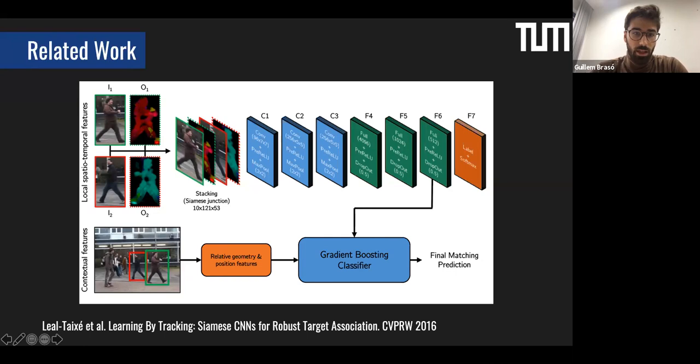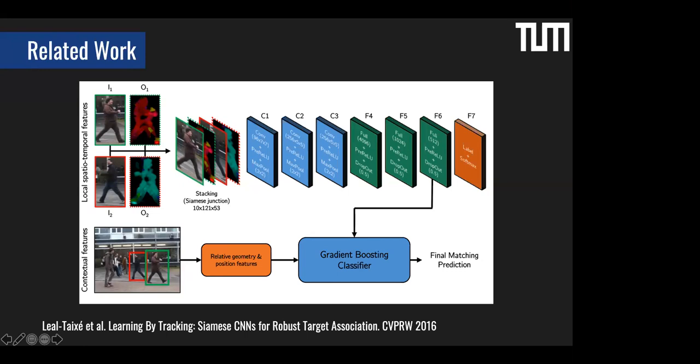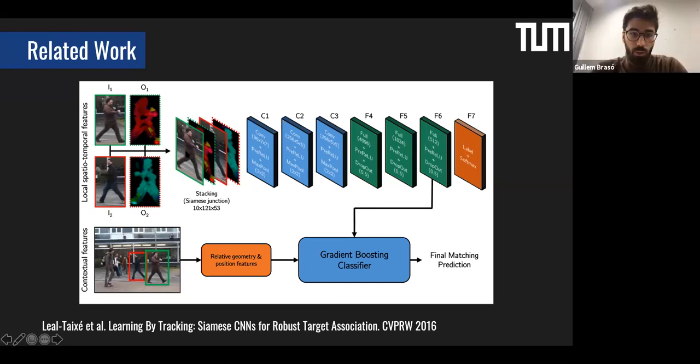The idea is that here you would take every pair of detections with their optical flow, which informs you about the relative motion of people. You would feed this to a CNN and then get a cost. This was a bit old-fashioned. I think no one would do this like this nowadays, but at the time what they did is that they took those Siamese CNN features, pre-trained them on their own, and then combined them with some additional features of relative position and relative geometry.